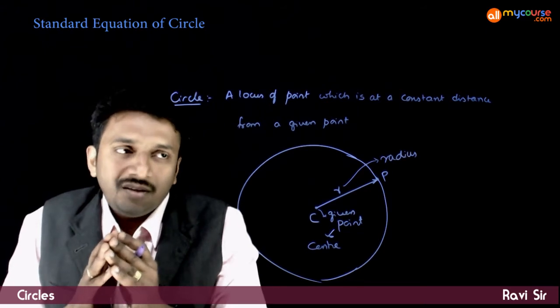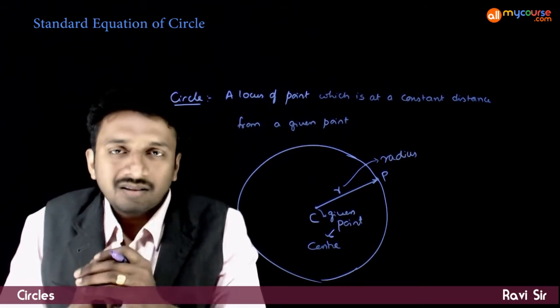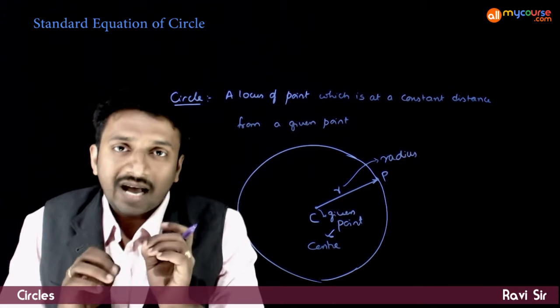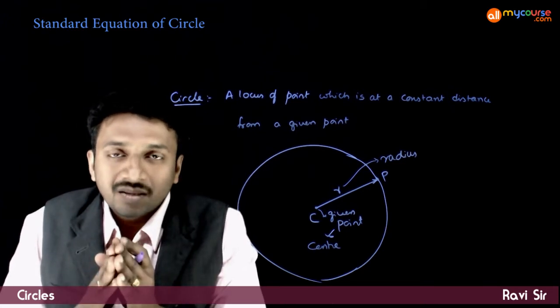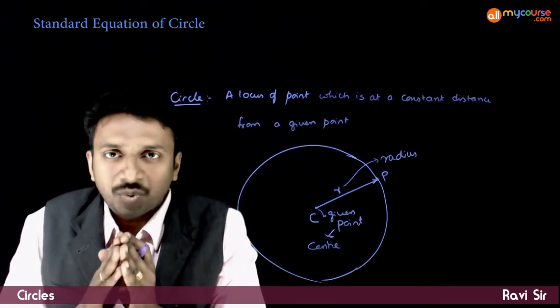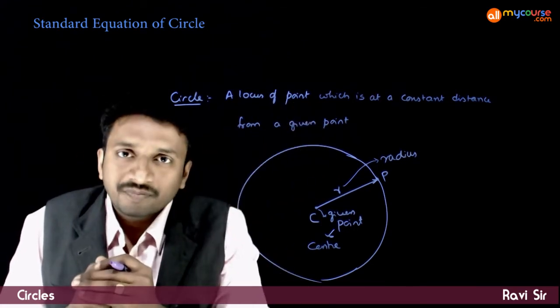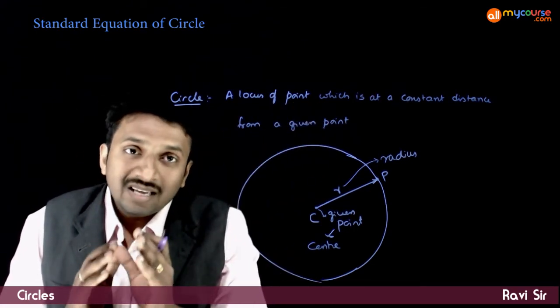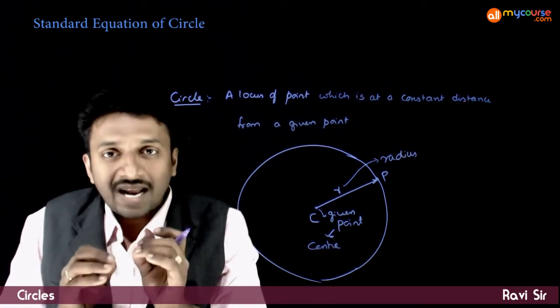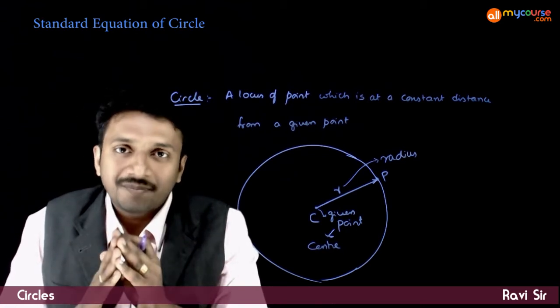Now if you want to find the equation of a circle in the Cartesian coordinate system, how do we find the equation? We can find the equation from this definition. So let us see how to derive the standard equation of a circle.